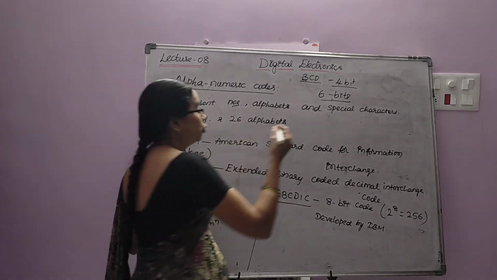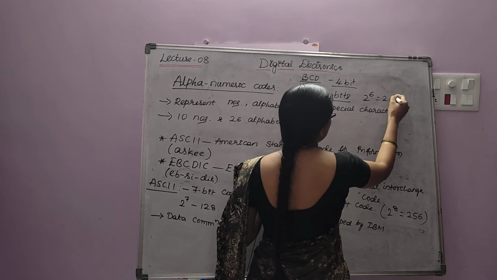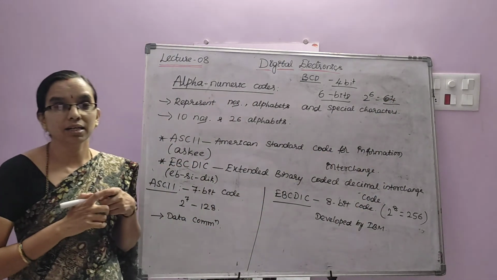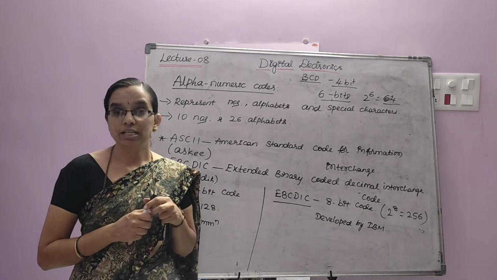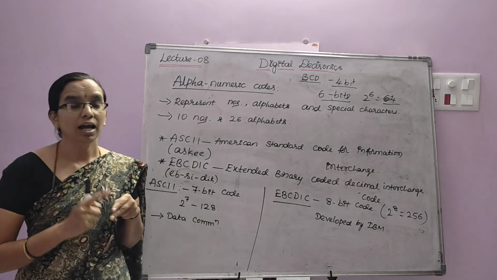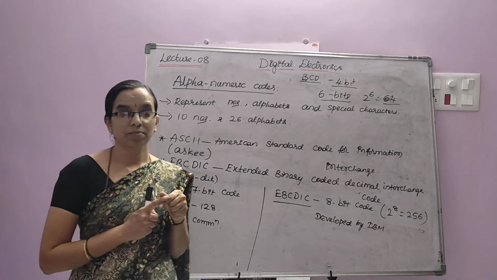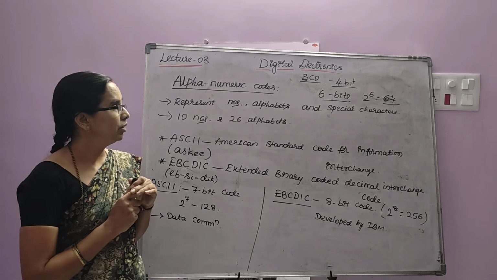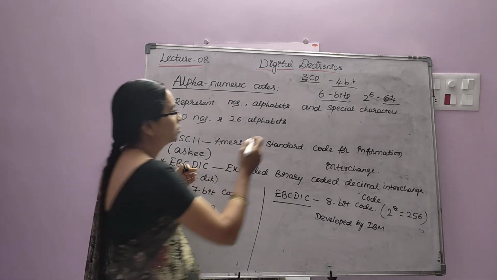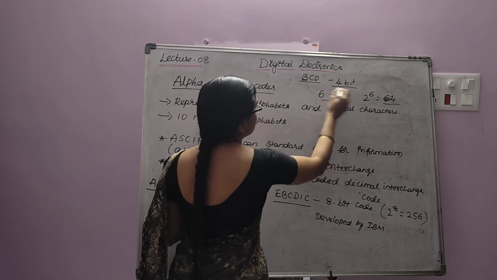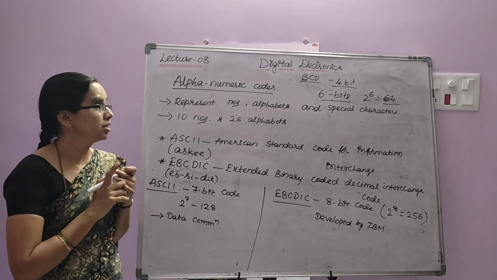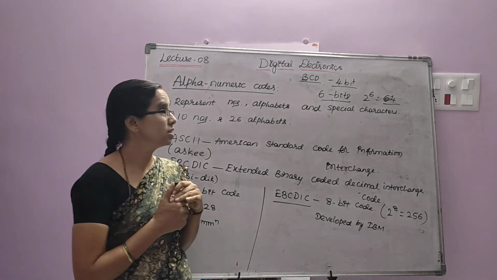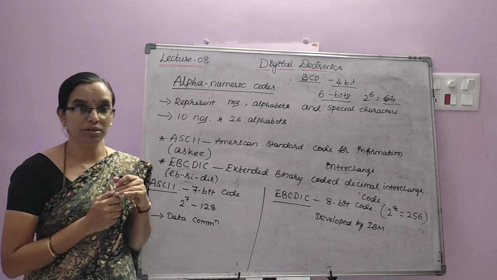By that, 2 power 6, that is 64 different combinations, we can represent. In that, 26 alphabets, 28 special characters and 10 decimal numbers together make 64 combinations.